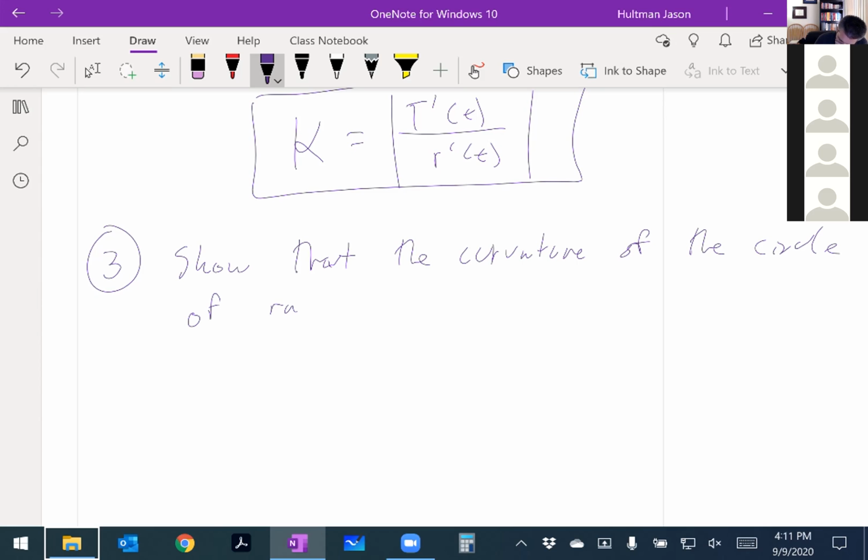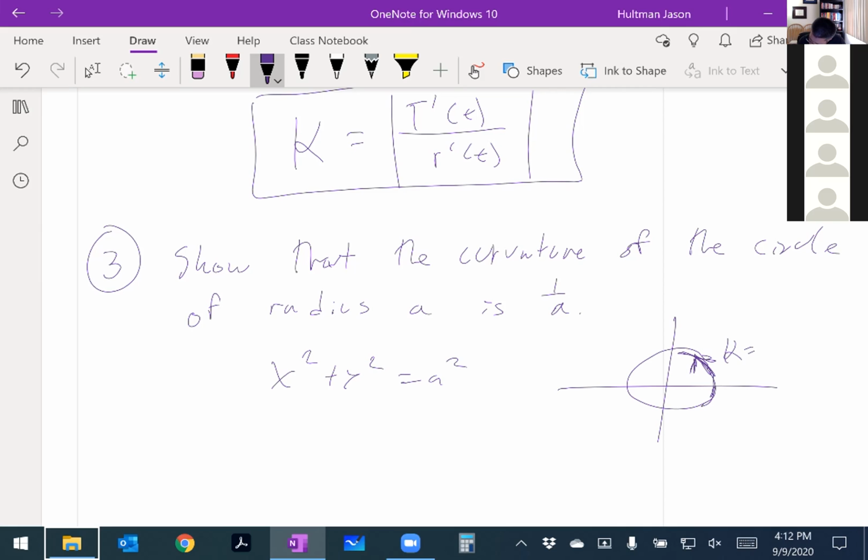So the equation of a circle is x squared plus y squared equals a squared. We want to know the curvature of this circle, and they're saying that k in this case is 1 over a. We want to prove that.